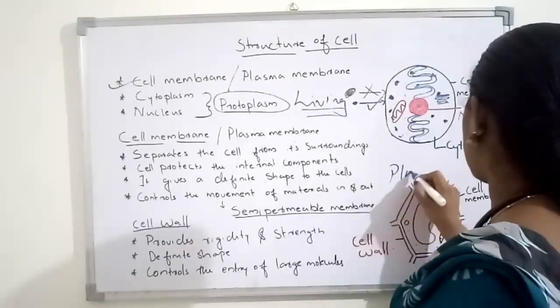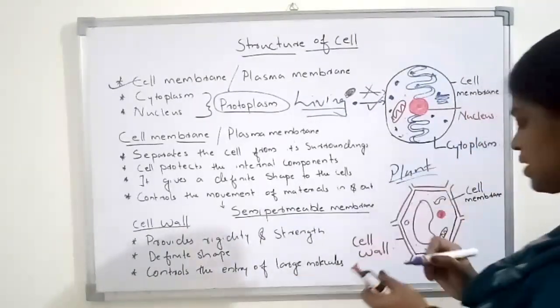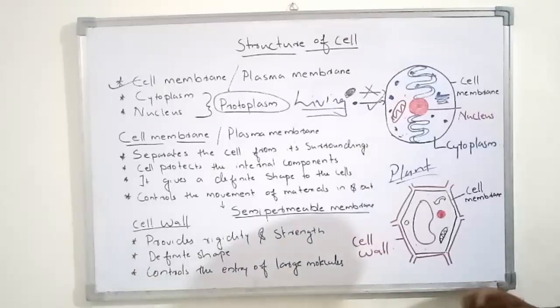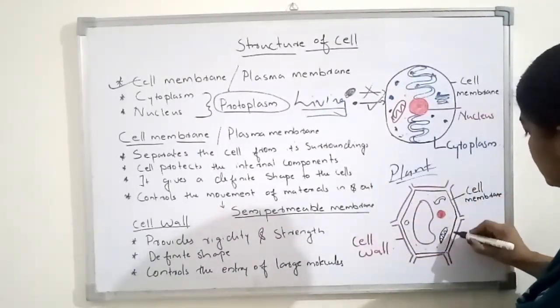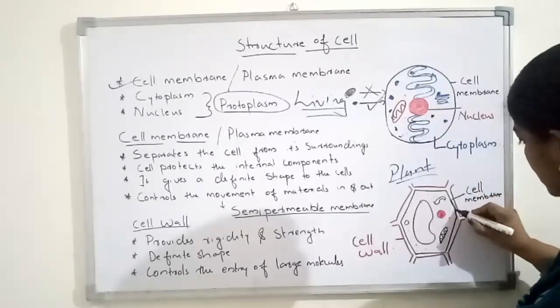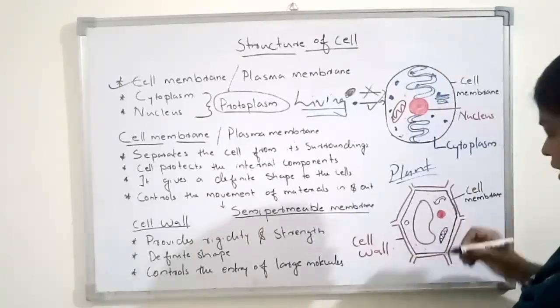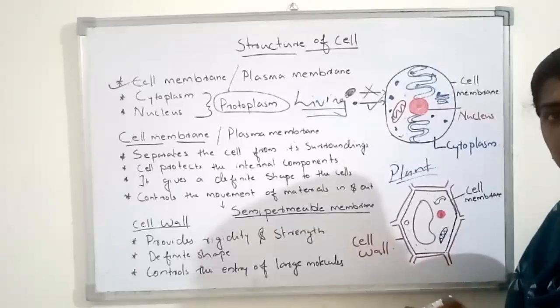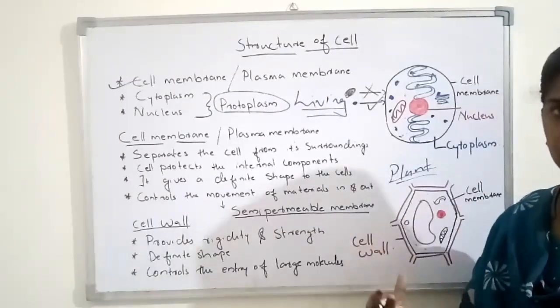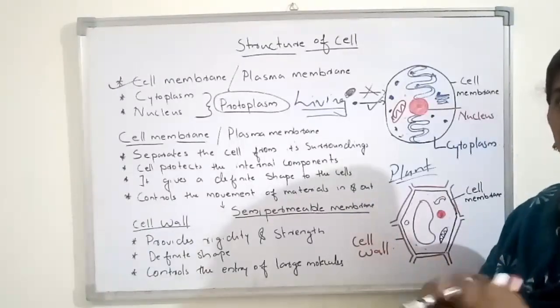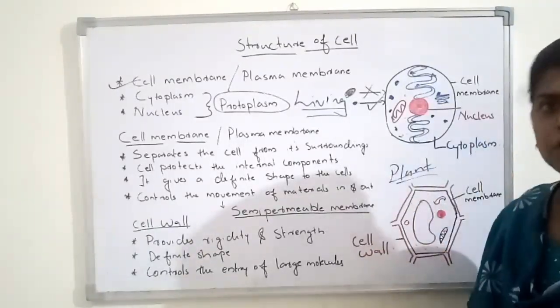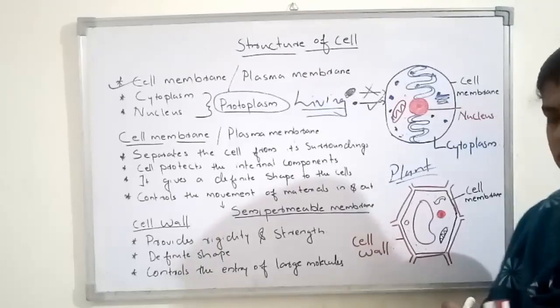In the case of a plant cell, as in every cell, it also has a cell membrane. Here, this black line is the cell membrane. And this plant cell has an additional covering other than the cell membrane. The cell membrane gives protection, but one more protective layer is there in the plant cell.